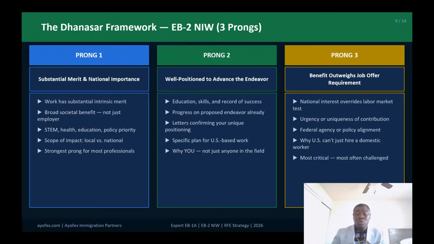Then you need to convince the officer why the US can't just hire a domestic worker. So, in a nutshell, you need to show USCIS that this is the contribution that you are bringing to America, and it is worth waiving the labor certification for you to be given a green card to make this contribution.